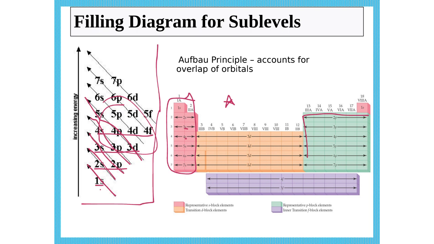Over here, any element that we deal with, their last electron will be sitting in a p orbital. Transition metals over here, their last electron will be sitting in d orbitals. And then the only two f blocks are the actinides and lanthanides, and they correspond to these f orbitals where you can place up to 14 electrons.